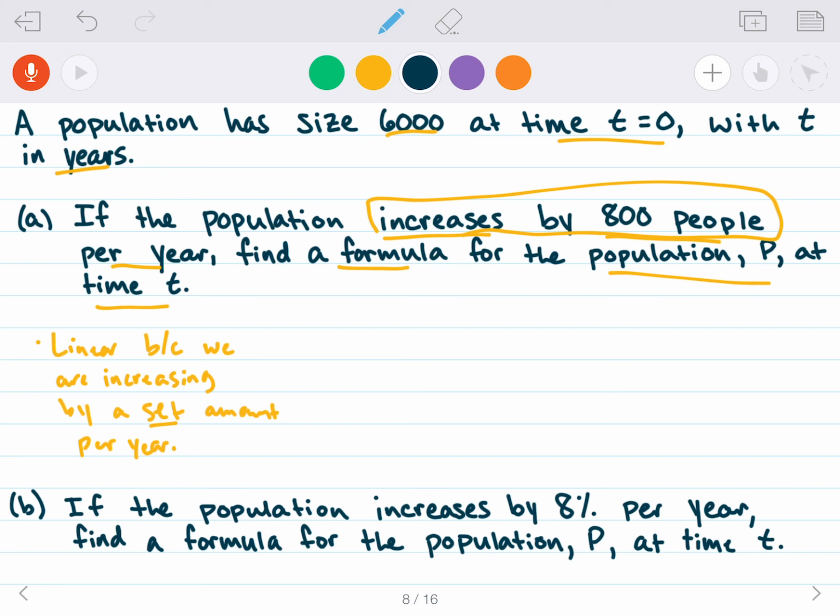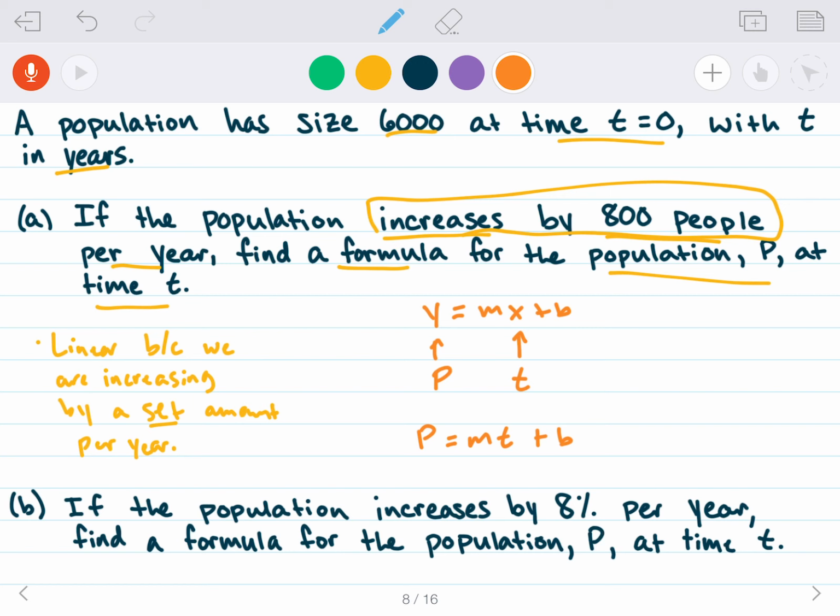So what's the equation going to be? Well, remember, linear is y equals mx plus b. In this case, we're calling y p because that's our population, and we're calling x t because that's our time. So population is our dependent variable, and it depends on time, which is our independent variable. So we have p is equal to mt plus b.